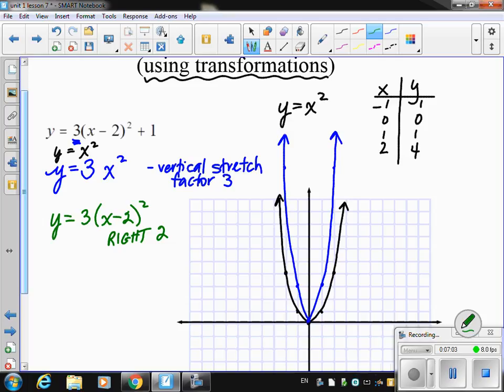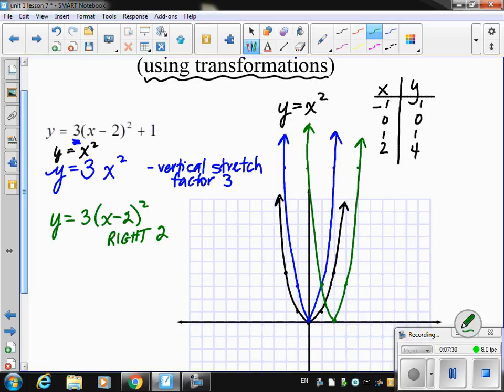Starting with my vertex, it's now 2 to the right. And I know my step pattern is over 1, up 3, both to the right and to the left, over 2, up 12. And I have a parabola that should look congruent, or the same shape, 2 to the right.